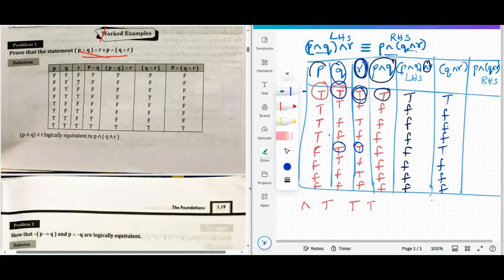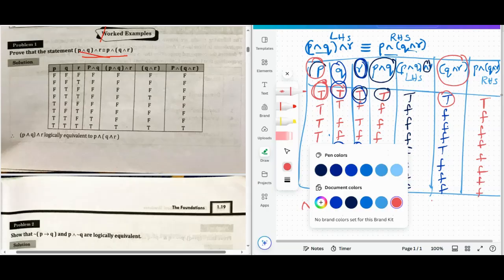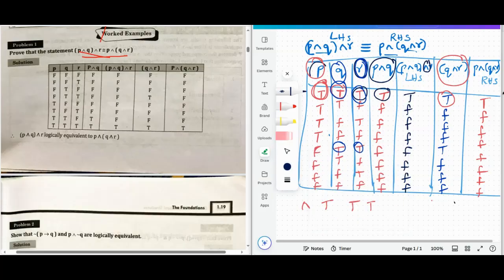Now the next one is P, that is the first column, and (Q and R), the last one. I'll check these two. The condition is again and, T and T is T. So we have T here and T here, it will be T. The remaining don't have T and T anywhere, so the others are all false. Now compare the LHS with the RHS.